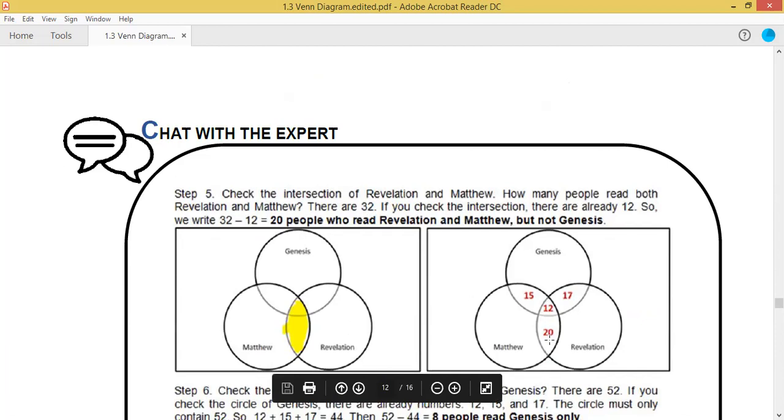So we write 20 here. 20 read Matthew and Revelation, but not Genesis. But if I ask how many read Matthew and Revelation, we need to add these two numbers, the intersection area. That will give us 32.